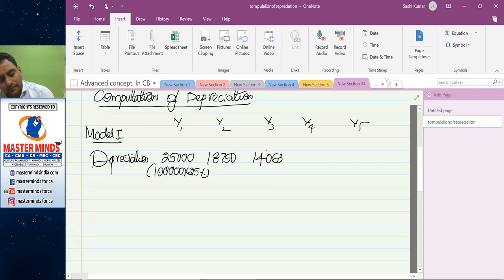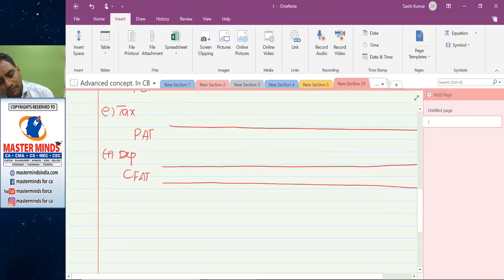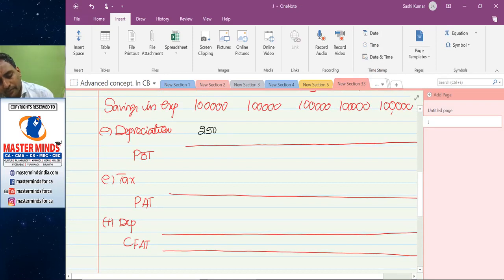Into 75%, 10,547. Don't provide any depreciation in the terminal year. 68,360. 25,000, 18,750, 18,750, 10,547.